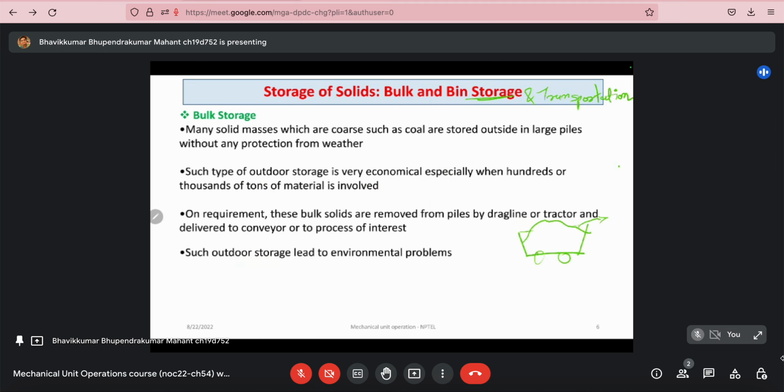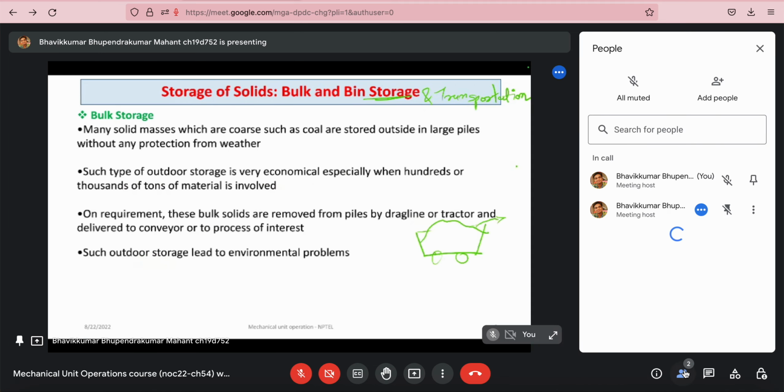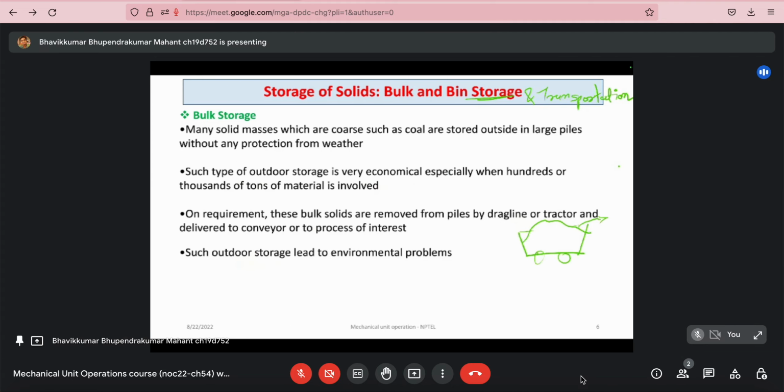Not much, but in a small amount, so definitely it will create some problems. Dusting can be overcome, and leaching can be controlled. These are some parameters we need to understand when storing materials like this.